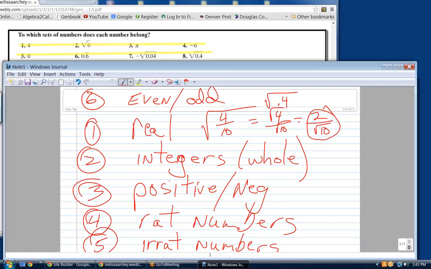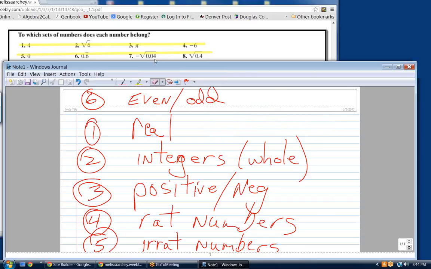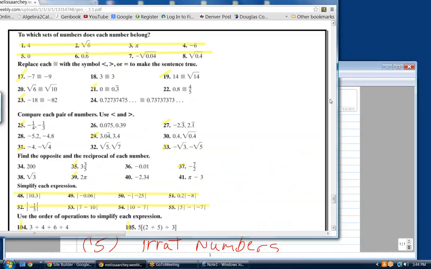And when you take the square root, like I said, if you take the square root of a number and it doesn't simplify to a whole positive number, then it's irrational. It's as simple as that. Okay? Different than 0.04. Notice that this was rational, this was irrational. Right. So you can't always tell by just looking at them.